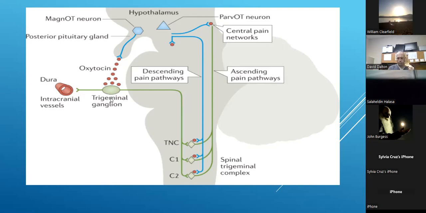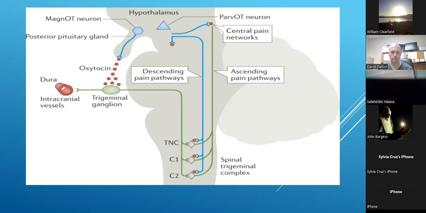Can you see it here? So it goes all the way through the nociceptive pathways, right? And it gets into the brain and gives you the feeling of the pain. As you know, there are ascending nociceptive pathways which carry the pain signals to the brain and give you the feeling of the pain of the headache.